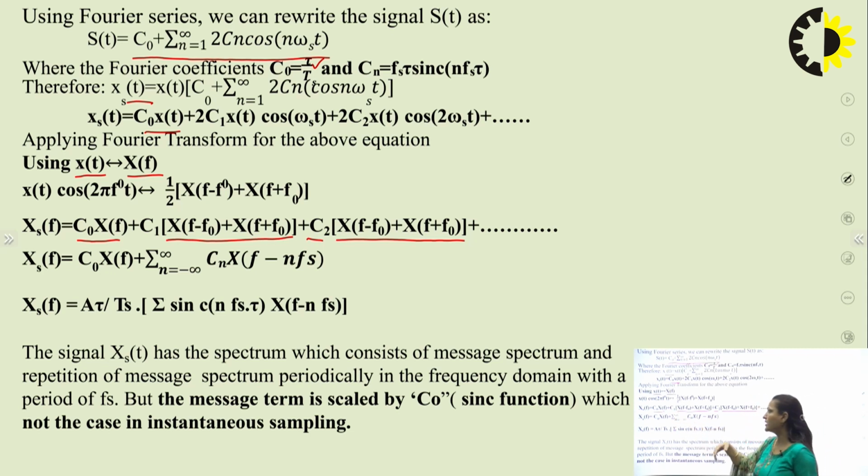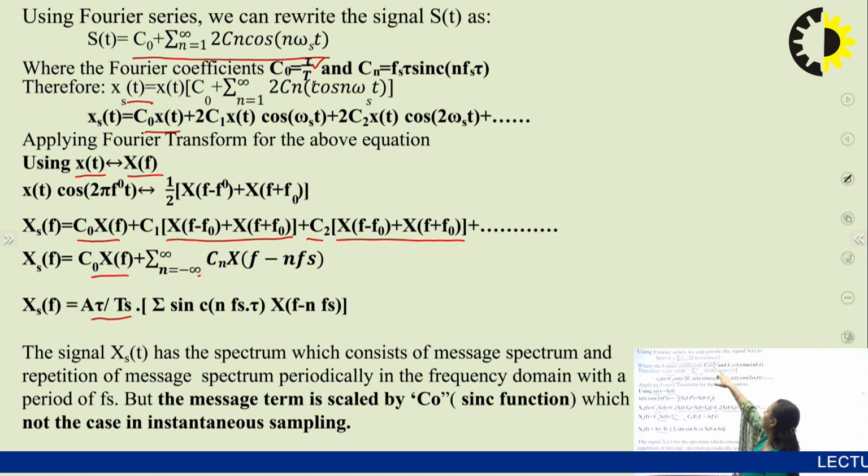For simplification, we can write X_s(f) equal to the summation, n from minus infinity to infinity, of cn X(f minus n fs). Further it can be simplified. In place of c0, we can write tau upon Ts, because c0 is equal to tau upon Ts, times the summation of sinc(n fs tau) X(f minus n fs).